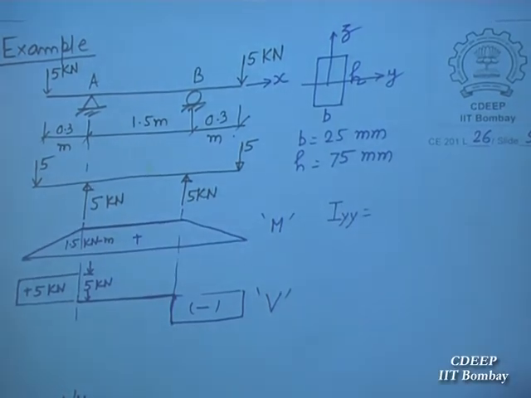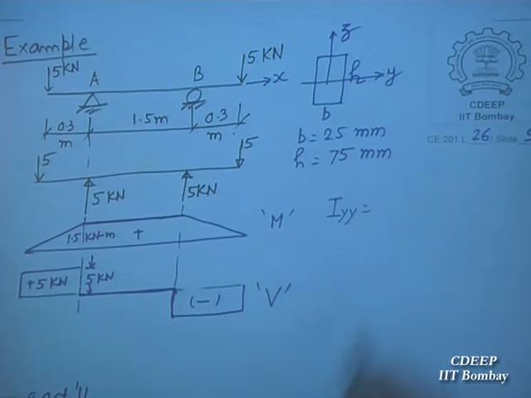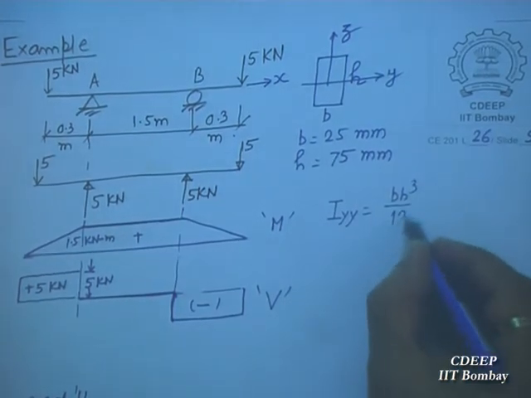Moment of inertia of the cross section is always required for finding out the stresses. So moment of inertia is how much? BH cube by 12, for the rectangular cross section.